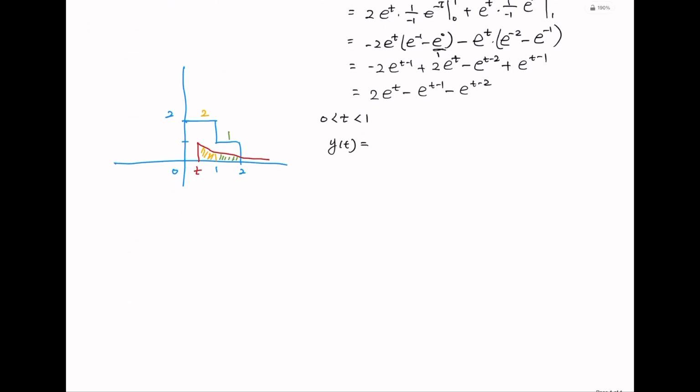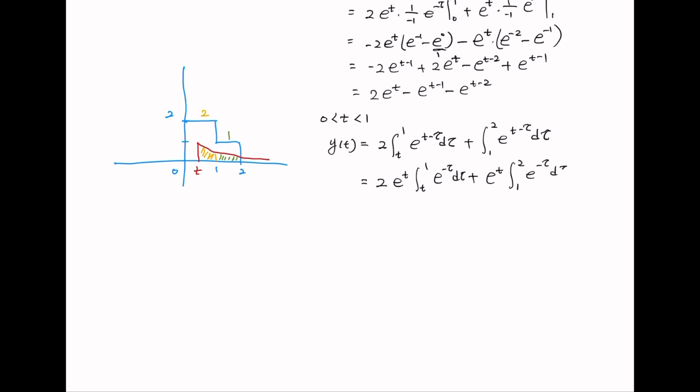Then y of t equals, we need to multiply 2 integral t to 1 of e to the t minus tau d tau plus, when we go from 1 to 2, e to the t minus tau d tau. Again, we're going to take out e to the t, integral t to 1, e to the negative tau d tau plus, we're going to take e to the t in front, integral 1 to 2 e to the negative tau d tau.